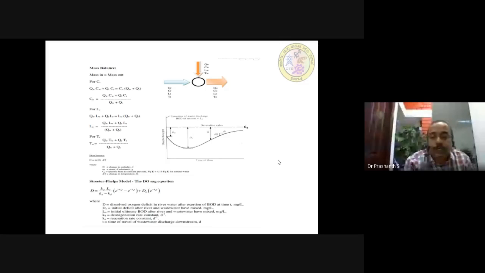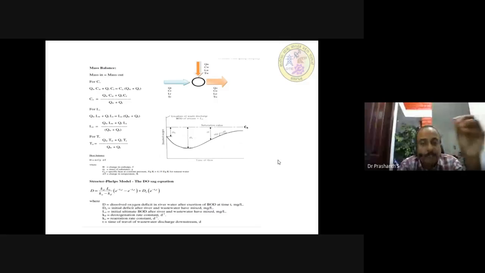When both are mixed up, you get a new temperature for the mix up, that's called T naught. O andre outfall, that is a place where it is going to be mixed up. So T naught is QW TW plus QR TR by QW plus QR. This is the temperature. So by taking the mass balance, mass in is equal to mass out, we have found all these things. C naught, L naught, T naught.